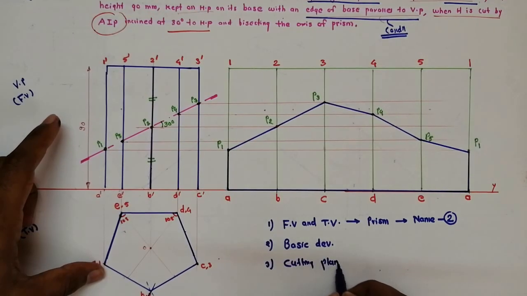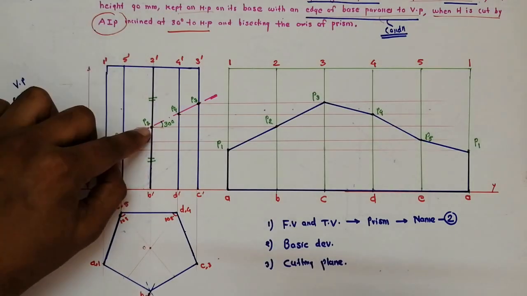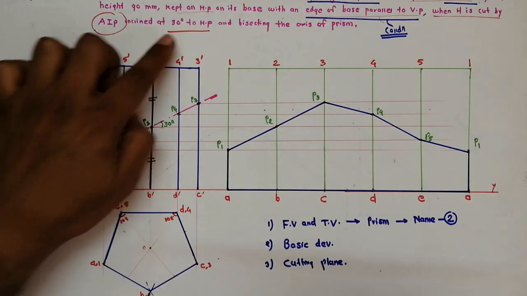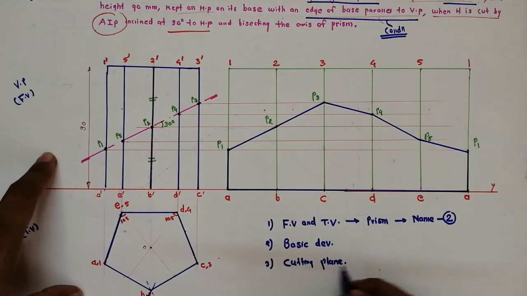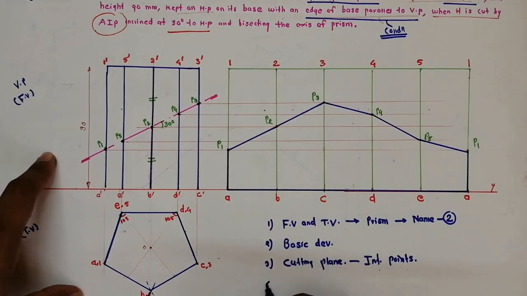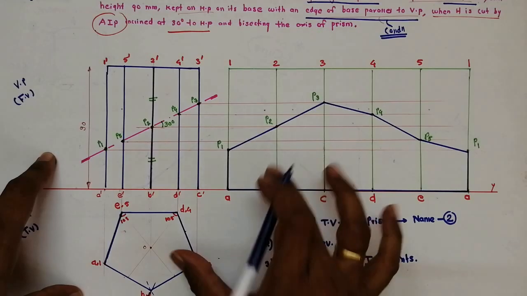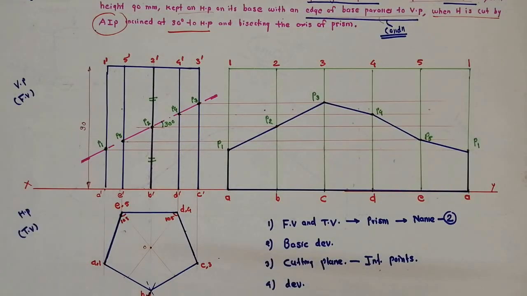Here the condition is given, it bisects the axis, so we have taken the midpoint, then taken the respective angle, 30 degrees. We have drawn the axis, the cutting plane, and marked the intersecting points. Lastly, we transferred those intersecting points and drew the development. So in just 4 steps we can complete the total development problem.